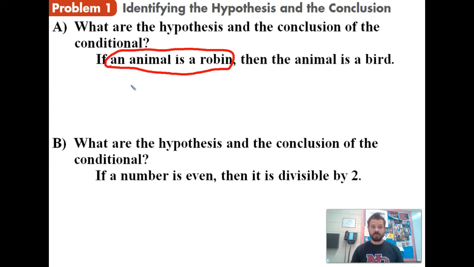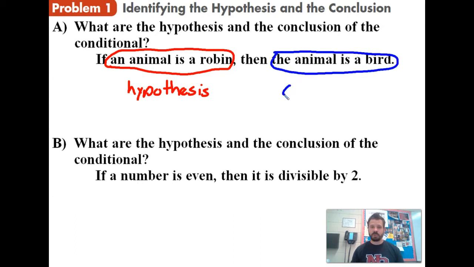So that'd be an animal is a robin. And then the conclusion is just everything after the then, so that would be the animal's a bird. Okay, so hypothesis between the if and the then, conclusion after the then.